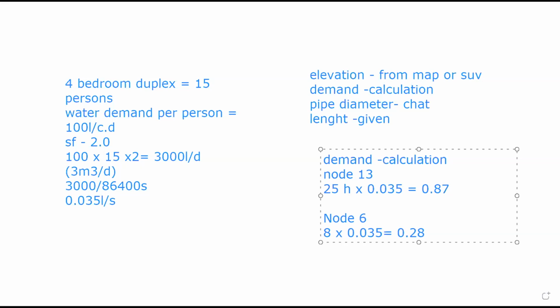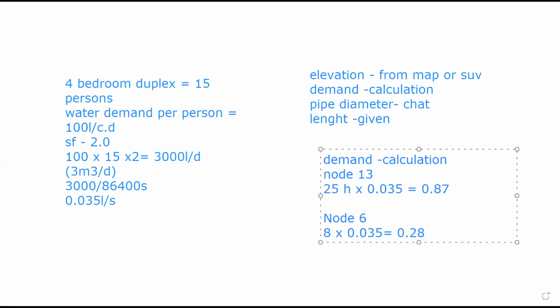Now, this is the big deal. The water demand for node 6 is 0.28 for 8 houses. But the base demand is the value we got here plus the value of the downstream.